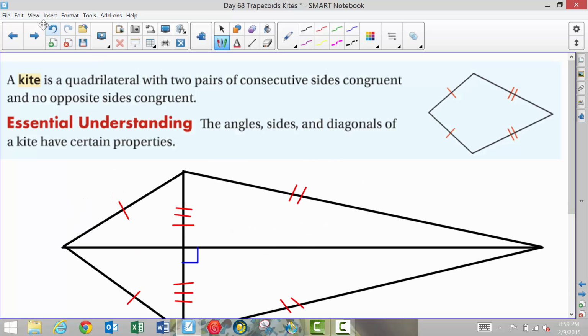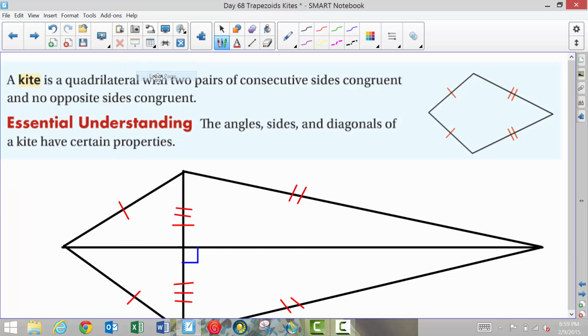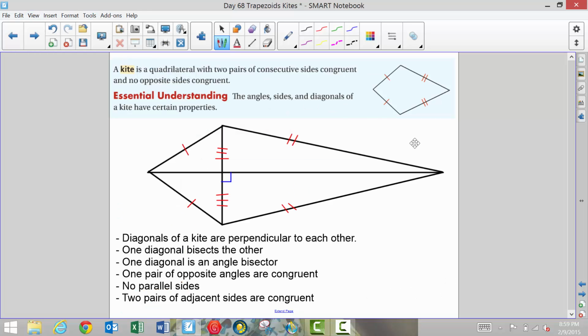So let's go into our kite properties. So a kite is a quadrilateral with 2 pairs of consecutive sides congruent and no opposite sides congruent, and no parallel sides. So a kite is a quadrilateral, not a parallelogram, with 2 adjacent sides congruent, or I should say two pairs of adjacent sides congruent, and no sides parallel.